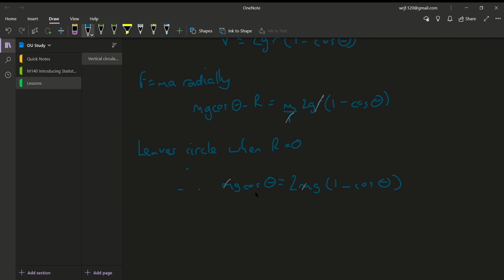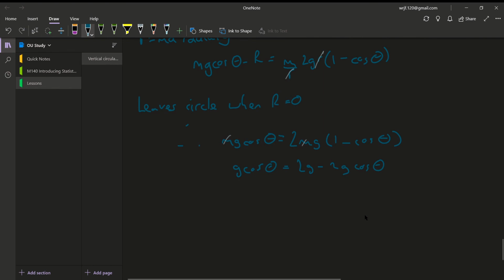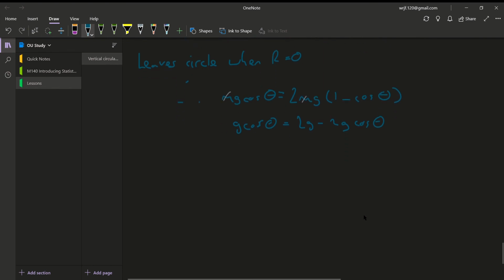So let's just tidy that up a little bit. What we've got here is g cos theta on the left, and if we expand that bracket on the right hand side of the equation, we've got 2g minus 2g cos theta. So we've got a g cos theta on the left and a minus 2g cos theta on the right. Those two terms can be combined with each other. Oh, and the g's cancel out, incidentally.